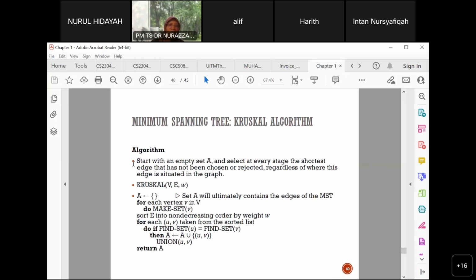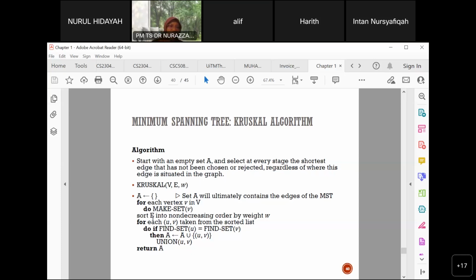And so start with the pseudocode is start with empty set A and select at every stage the shortest edge that has not been chosen or rejected, regardless of where this edge is situated in the graph. Okay, so ni ada dua for loop ni. The first one, mula-mula dia untuk dia set lah, set untuk V tu.